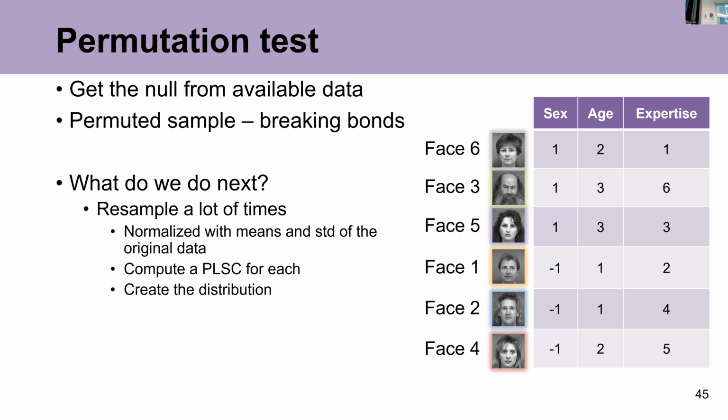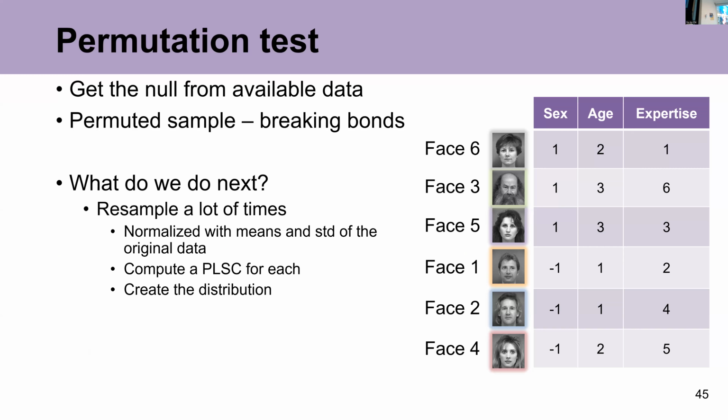In PLS, before we decompose it, remember I talked about how you need to normalize the variables. When we do permutation, you need to pretend like the variables are still the variables that we put in. This is just like a sample of our variable. So we're still normalizing it with the original mean and standard deviation.